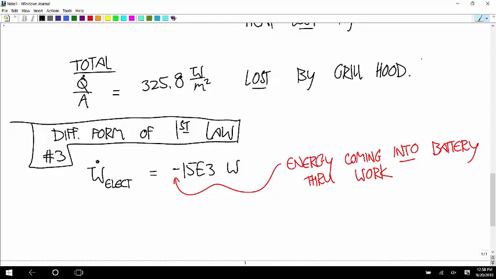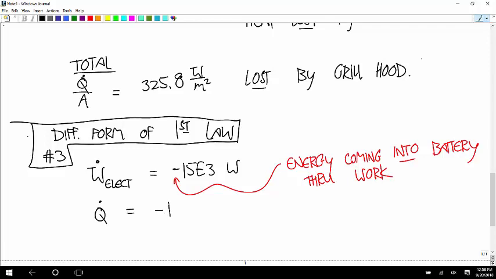Heat transfer from the battery to the surroundings occurs at a constant rate of 1.8 kilowatts. So if the battery is losing energy to heat, is that Q dot positive or negative 1.8 kilowatts?